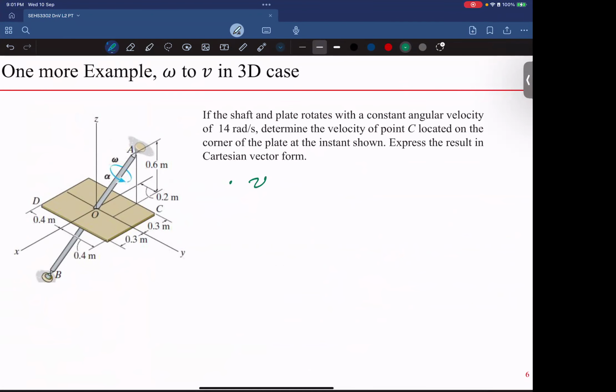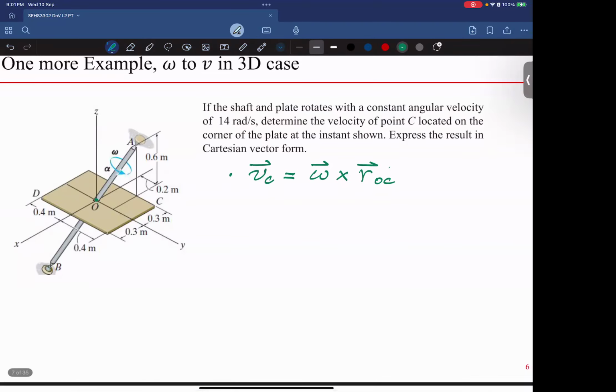So if we want to find VC, it is omega cross R. We pick O as the initial point, and C is the terminal point, all right? OC.